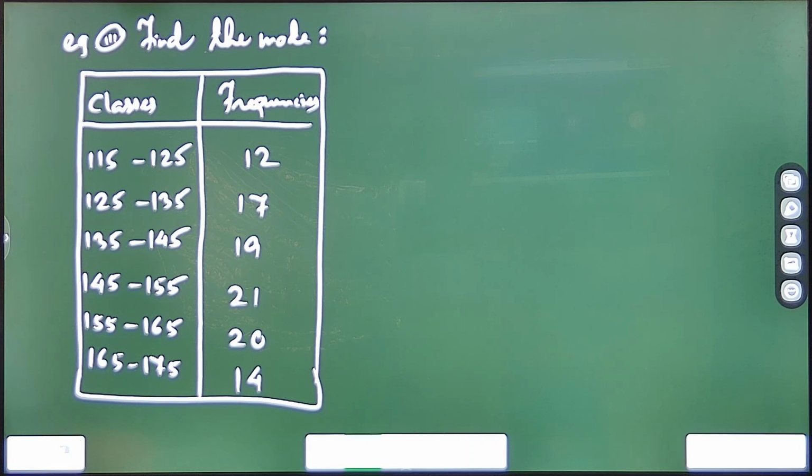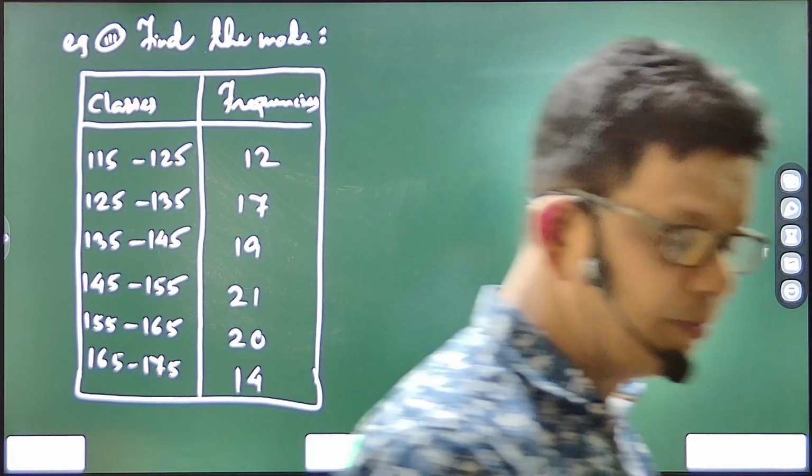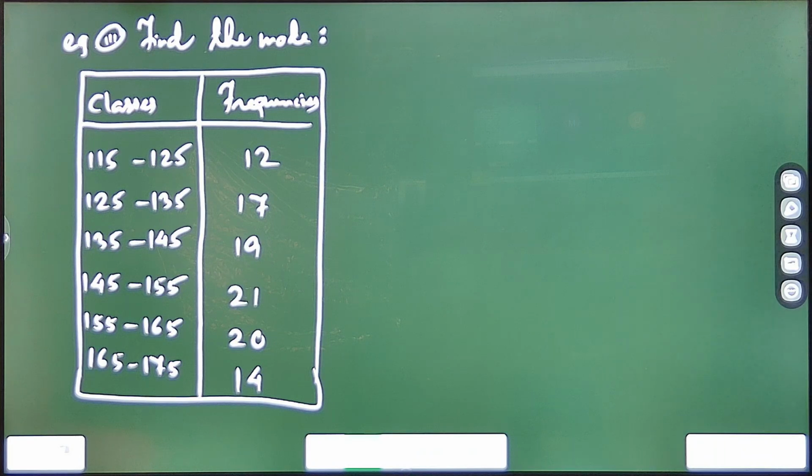So what should you do first? First write the modal class. The modal class is the class which has got the highest frequency, and then put the values accordingly. So any question from mean, median, mode always comes in the exam. Either the mode or the mean or the median. So one is common.